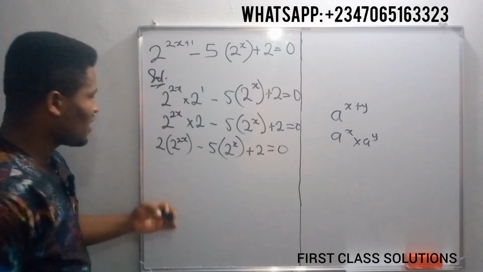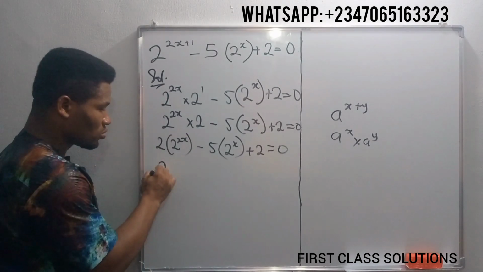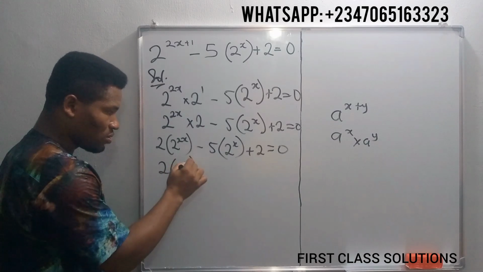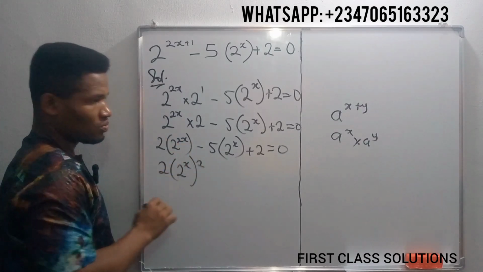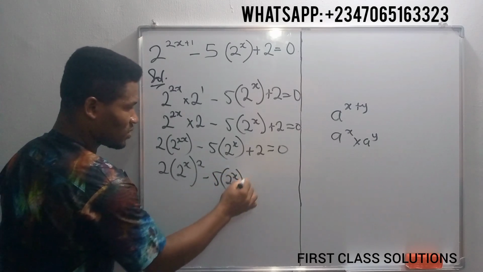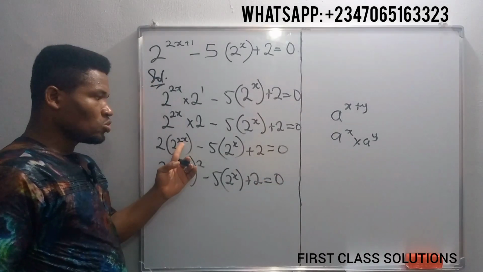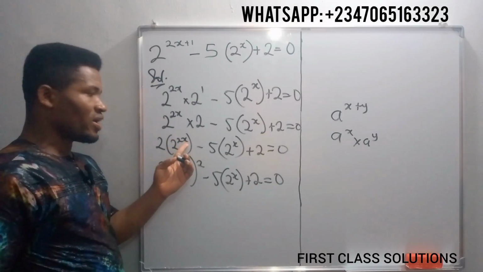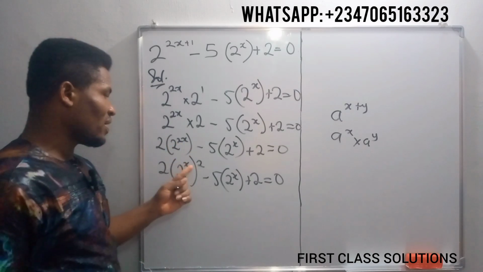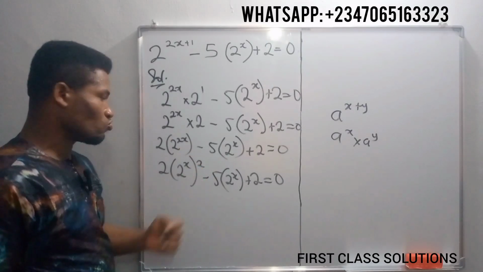Going further, we have 2 power 2x can be rewritten as 2 power x, all to the power 2, minus 5 into 2 power x plus 2 equals 0. This is because 2 times x is the same as 2x. The same answer, x times 2, will give you. So we bring in our x to have 2 power x multiplied by power of 2 as well.